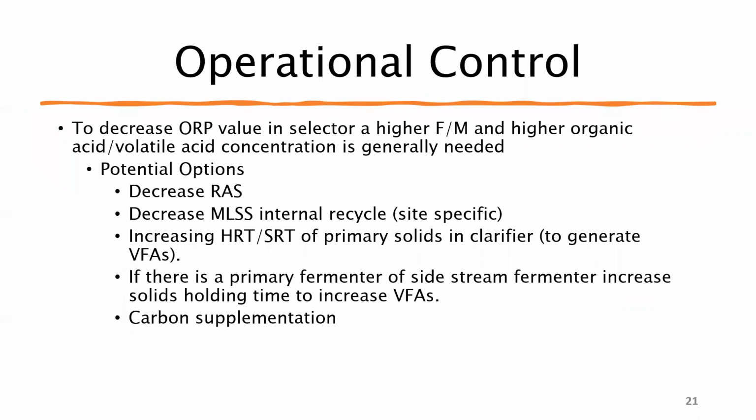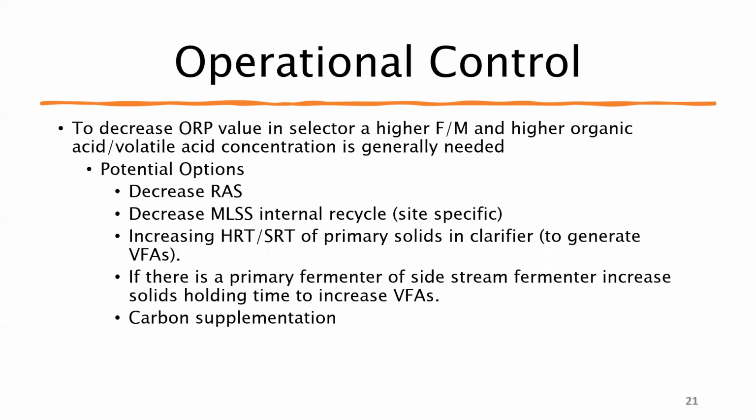So if we want to decrease the ORP value in the selector, so if the ORP value is too high, we want to create a higher F to M, so a greater amount of food in proportion to the microorganisms available. So how do we do that? We can decrease the RAS rate. That's going to send fewer bugs back into the selector zone, also less nitrate.